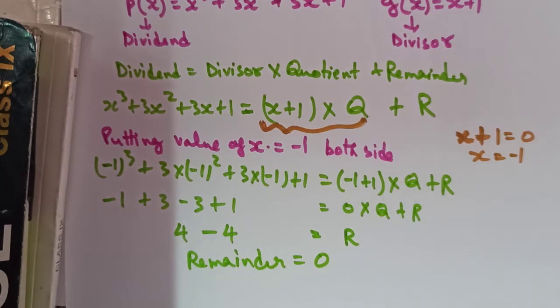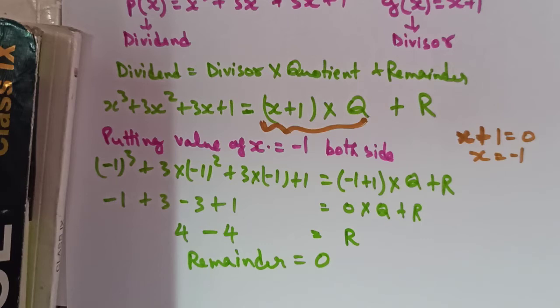Understood? Because it is better to do something rather than nothing. These are also correct, these are not wrong, but the most preferred method for the maths teachers who are checking the copies is the remainder theorem method. That is why I am asking you to do it by the remainder theorem.